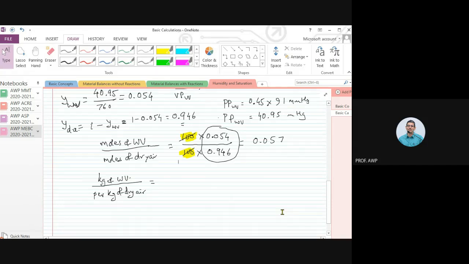Can you tell me how many kgs of water vapor there will be per kg of dry air? Sir, 4.9 into 10 power minus 4.